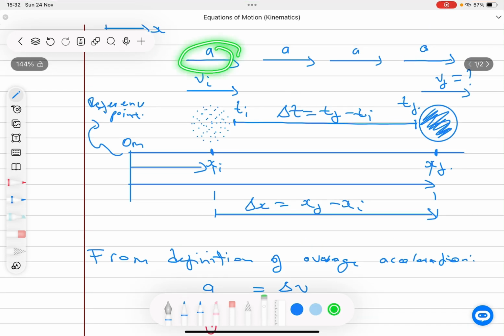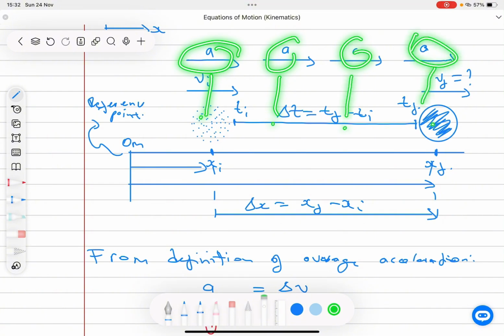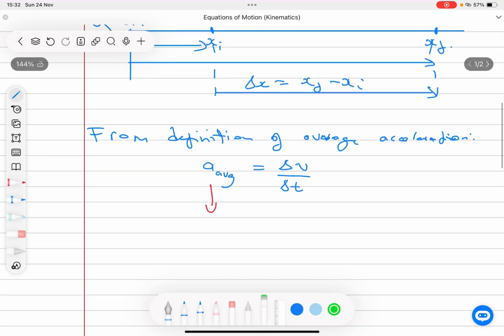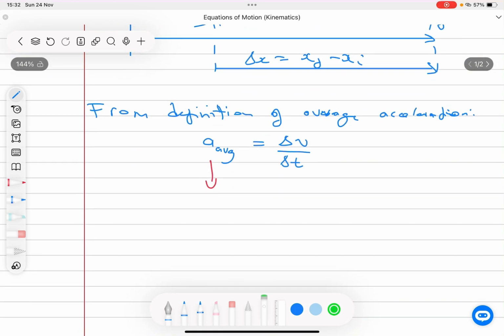I mean that I have my data points here of acceleration at this point, acceleration when the object is here, acceleration when the object is here, and acceleration when the object is here. If I add all these accelerations, taking them as if they are data points, and I divide by the total number of data points, which is going to be 1, 2, 3, and 4, I should get the average acceleration.